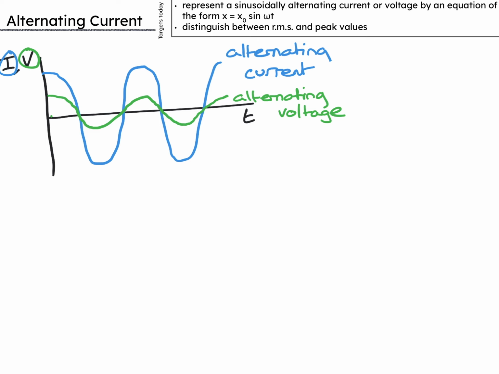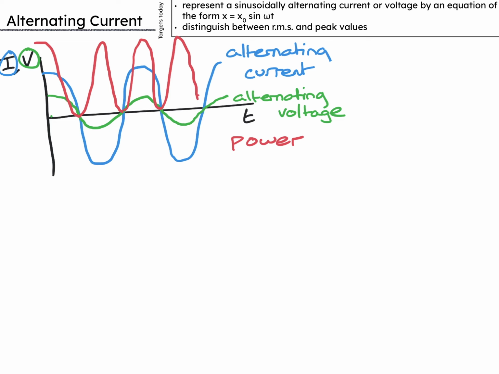Now, on the same axes, sketch the power plot for this electricity here. Hopefully you got something looking like this. Since P equals VI, the power is always positive.